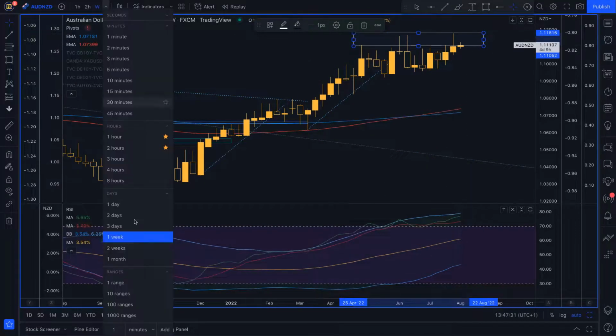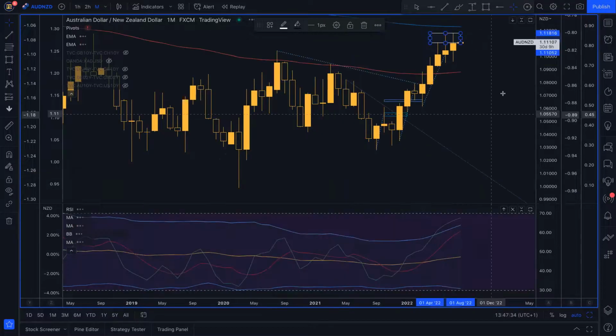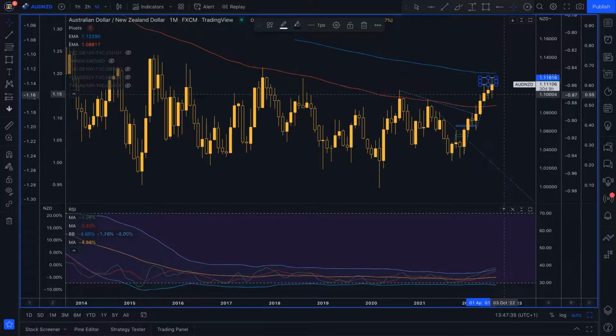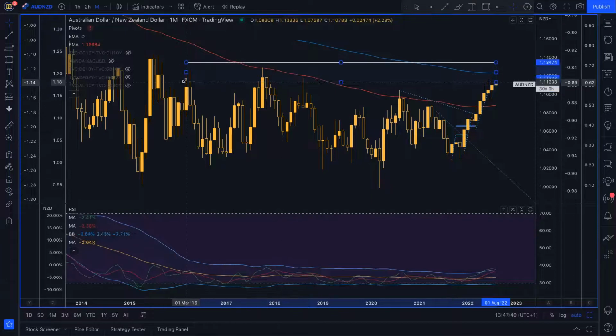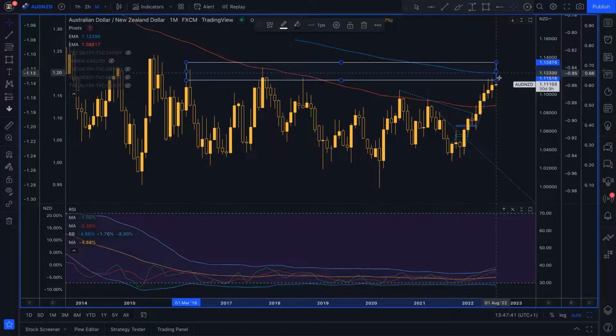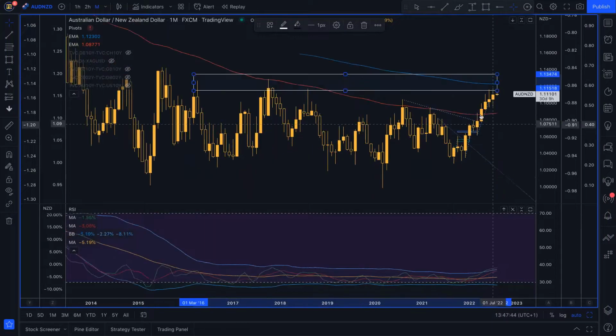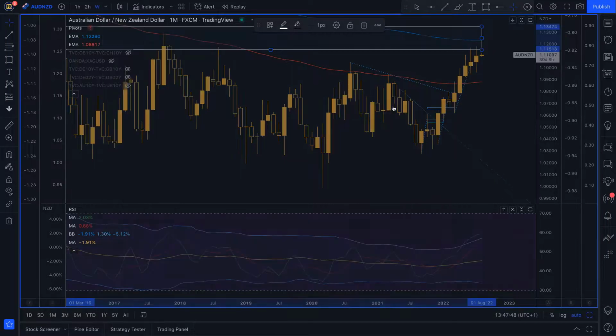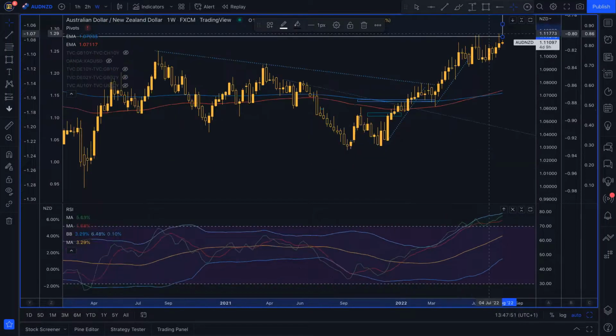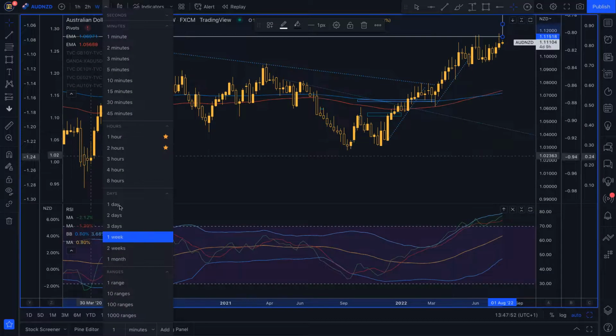Nothing convincing technically though, but just recognizing that there are some rejections. We've also got this larger band of resistance that we're testing, and that 200 exponential moving average. So we're in major resistance now. On the weekly chart, we can see a similar story. Daily chart, let's have a look.